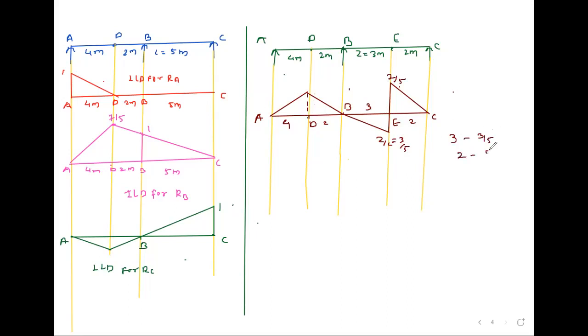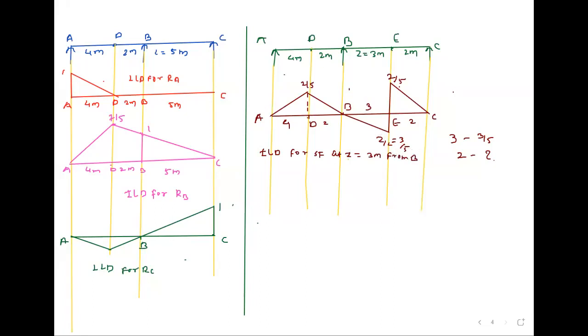So for 2 meter, question mark. किती येतं बघा हे डिस्टन्स. 2 by 5 येते का चेक करा. बघा ह्या 3 साठी 3 by 5 तर ह्या 2 साठी 2 by 5. So this is the ILD for shear force at Z which is equal to 3 meter from B.